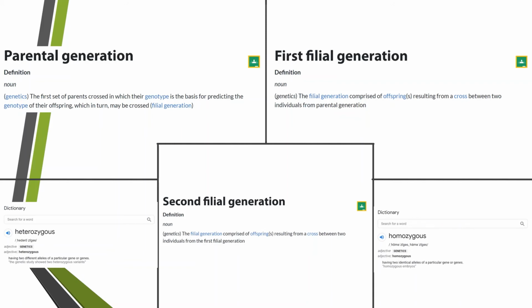Homo means same, so they are either the same dominant allele or the same recessive allele. Heterozygous, hetero means different. Heterozygous means that one allele is dominant while the other allele is recessive. So homozygous, both alleles are identical. Heterozygous, each of the alleles is different.